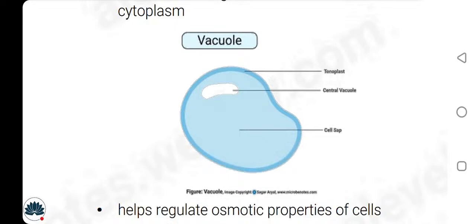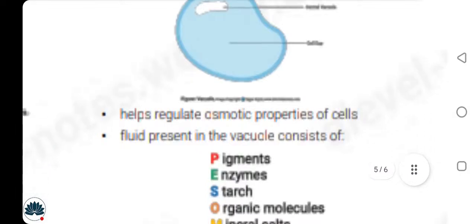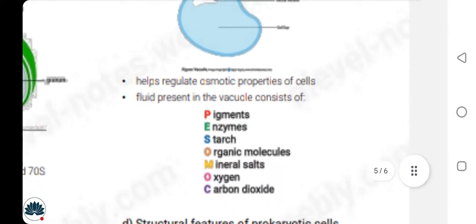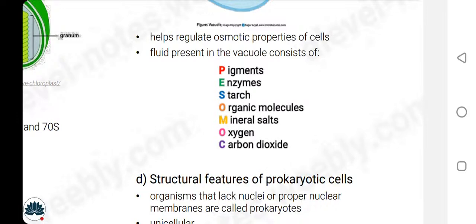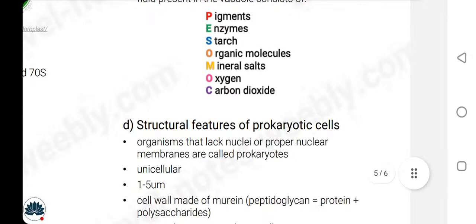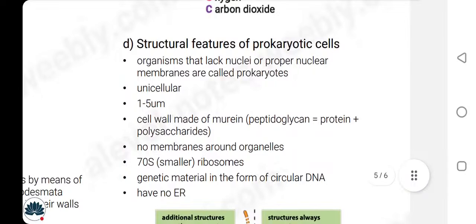It helps regulate the osmotic properties of the cell. The fluid present in the vacuole consists of pigments, enzymes, starch, organic molecules, mineral salts, oxygen, and carbon dioxide. You can learn this as PASOMOC. This is the trick for you guys.